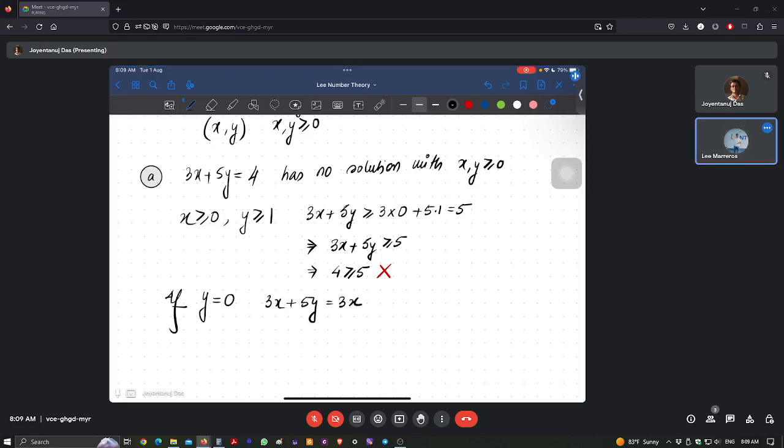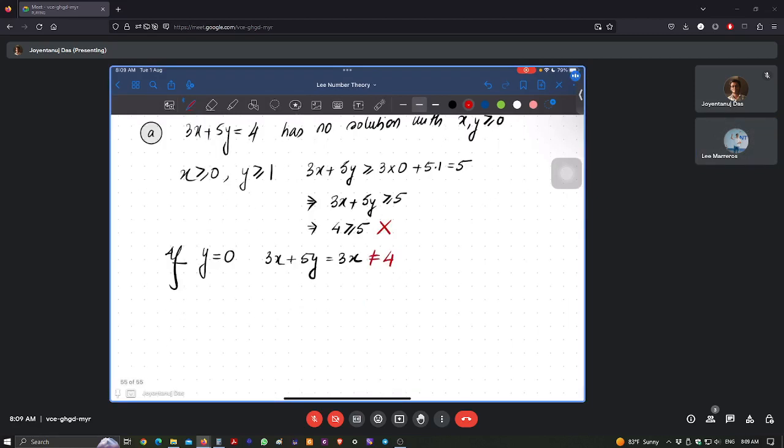But then also it cannot be equal to 4 for any integer value, because if I put 0, 1, 2, anything, it cannot reach 4. So there is no solution.